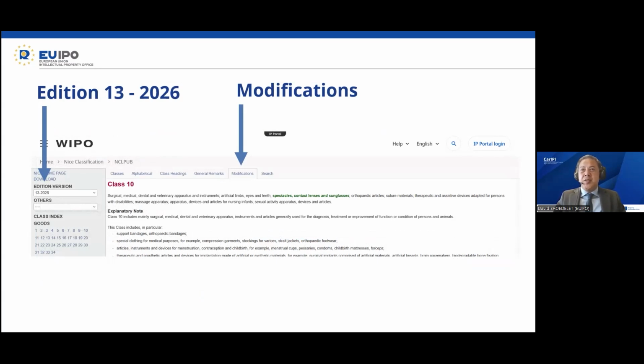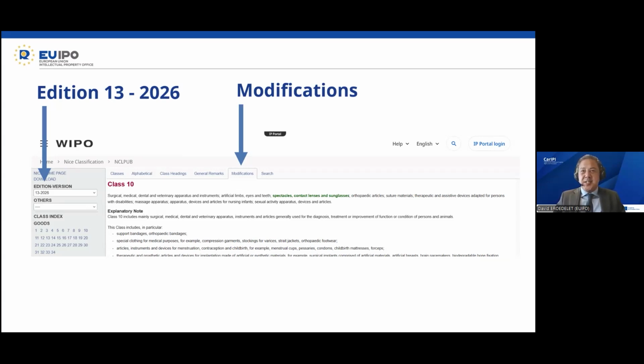By default, it will be on the latest version, 13. However, if you want to see the previous versions, you can change it there. On the right side, you see the section modifications. There you will see what changed in this 13th edition, which is quite interesting to know.